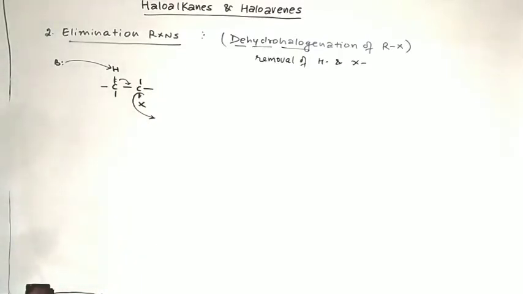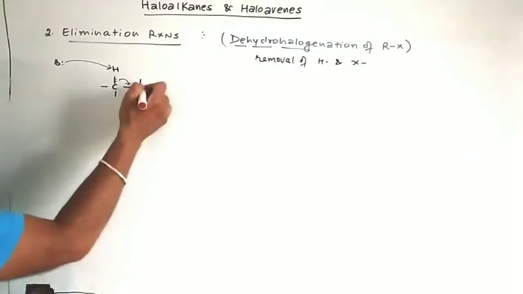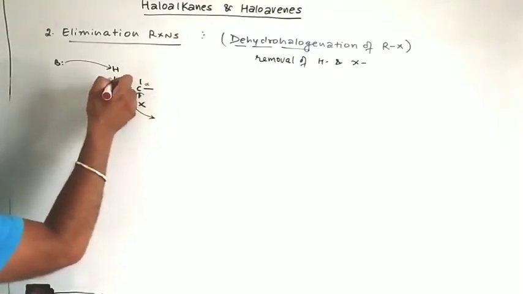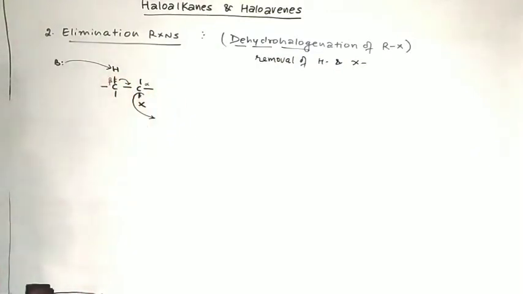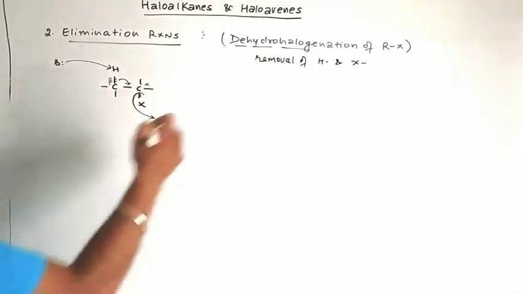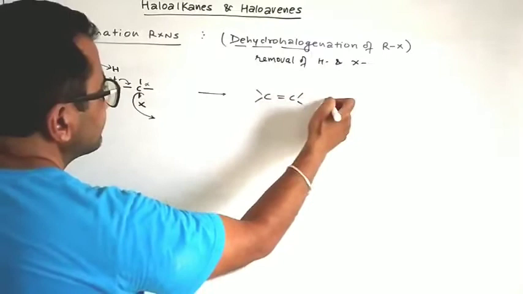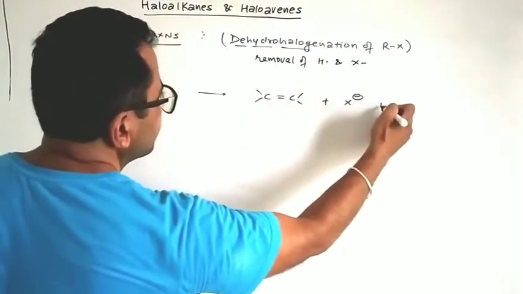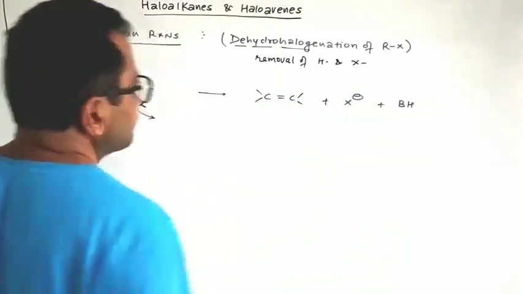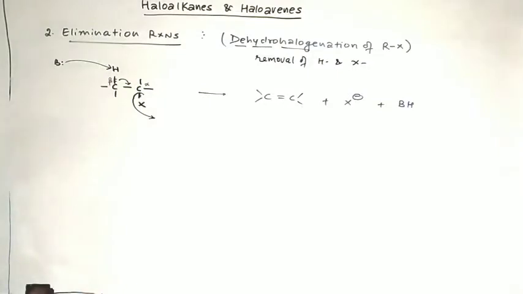This is called beta elimination. As you can see, this carbon is alpha, this carbon is beta. So the product formed is ethene. So this reaction is called dehydrohalogenation.